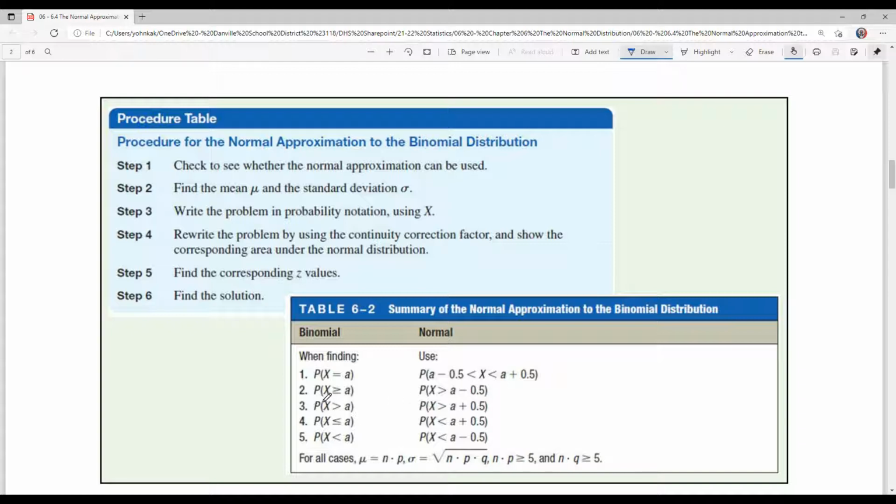If we're finding the probability that x is greater than a, we're going to add 0.5. If x is less than or equal to a, we're going to add 0.5 but still go left. If x is less than a, we're going to still go left, but we're going to subtract 0.5. Again, these values are going to become easier once we start practicing them.